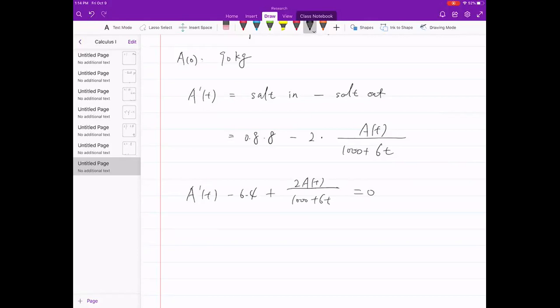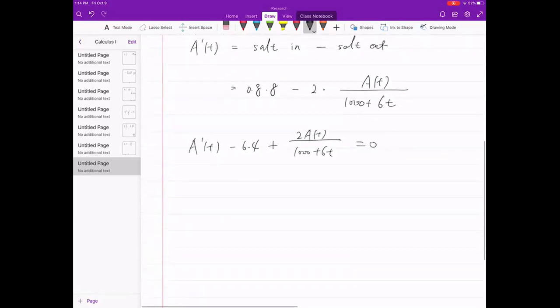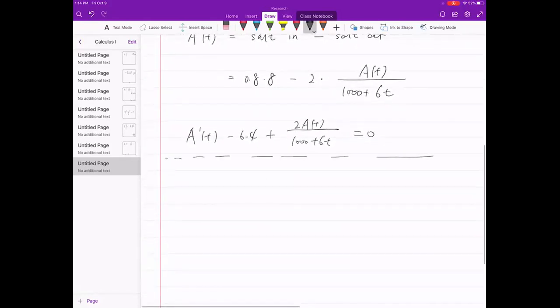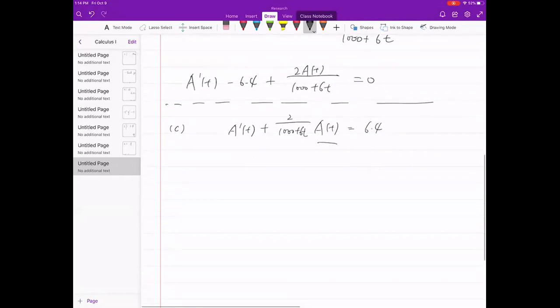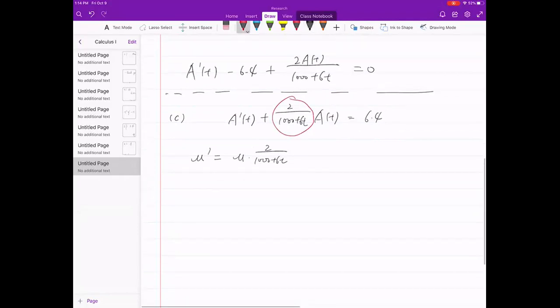All right. With that in mind, now you want to go ahead and solve it. You want to find the integrating factor. Now we know we have to move everything and rewrite it in a format identical to the one we had in class, y prime of t, y, and t. So now it's clear. We have to find a mu, where mu prime equals mu times 2 over (1000 plus 6t). Solve it.